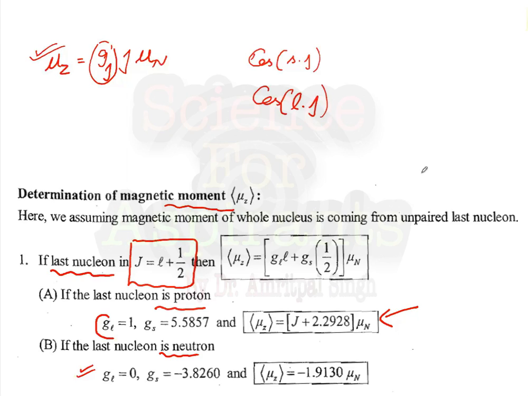One is when the total angular momentum J is equal to L plus S, and the second is when it is equal to L minus S. When it has the maximum angular momentum, that is known as the stretched case.